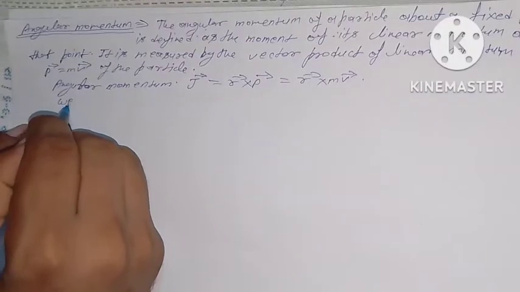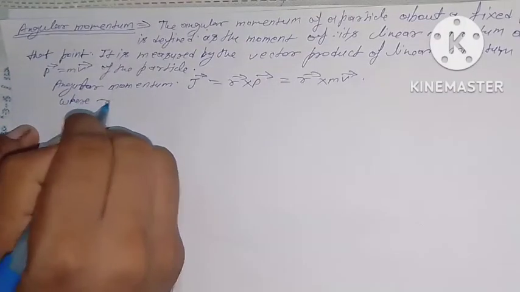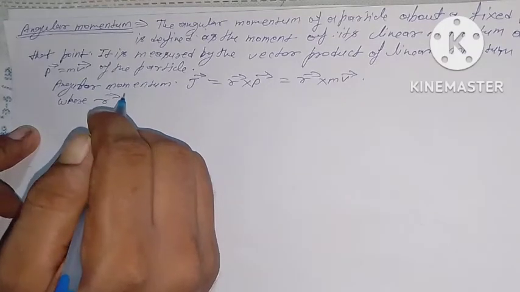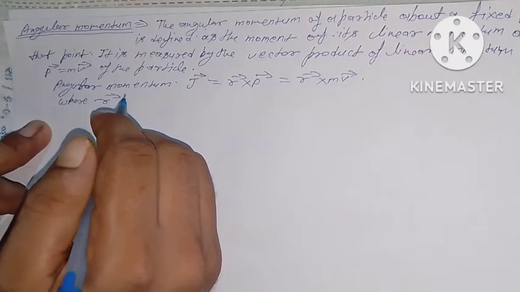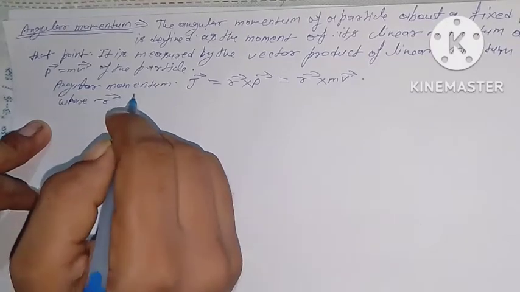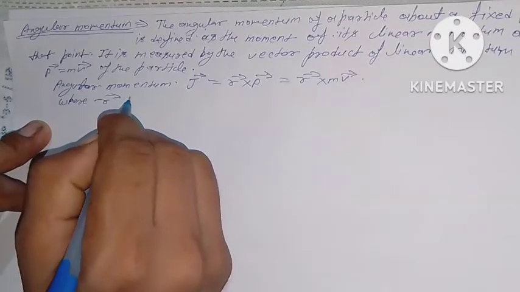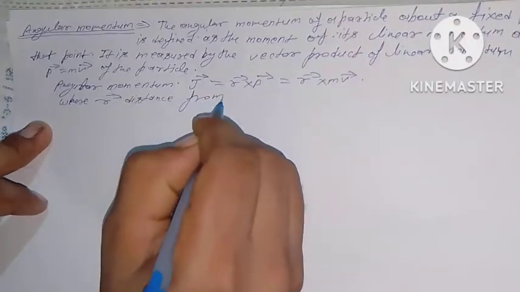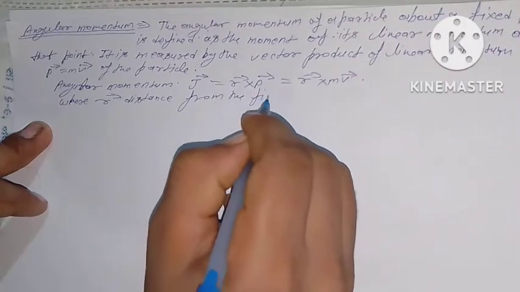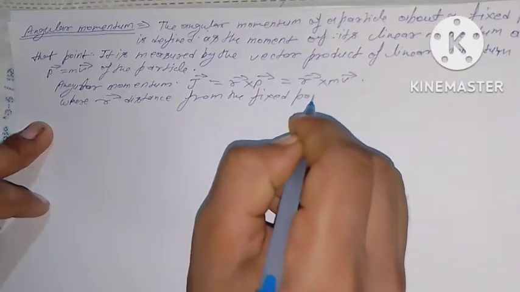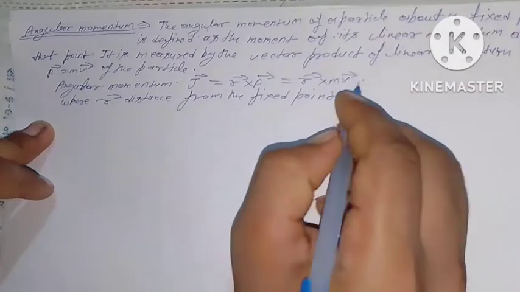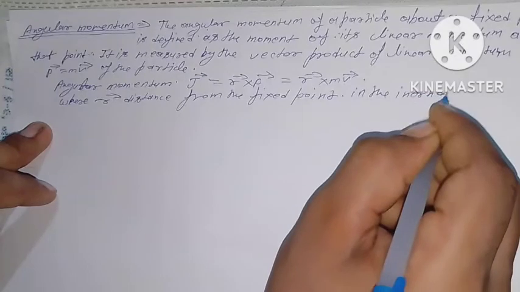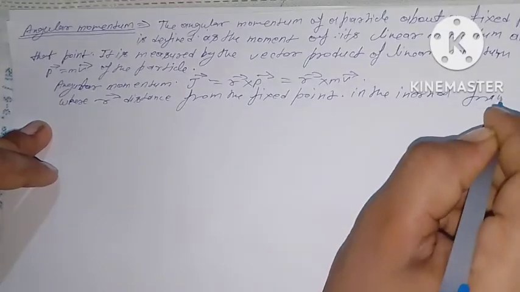Where vector r is the distance from the fixed point in the inertial frame, okay?